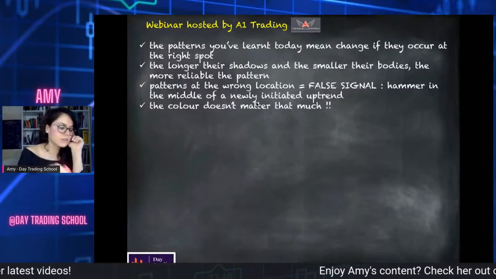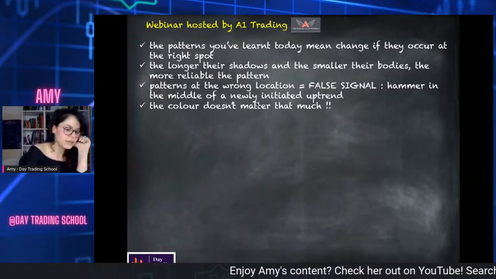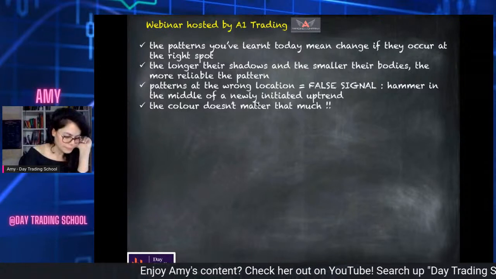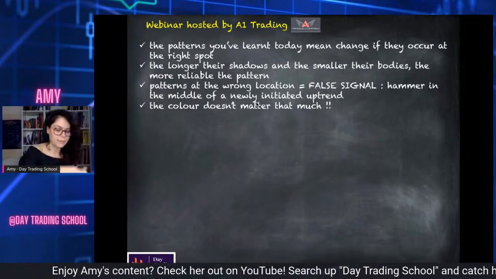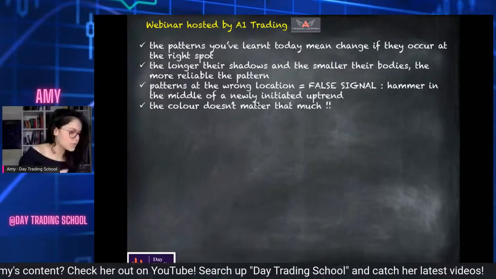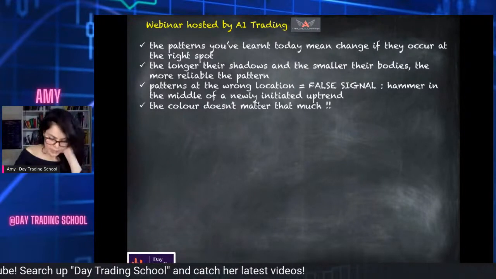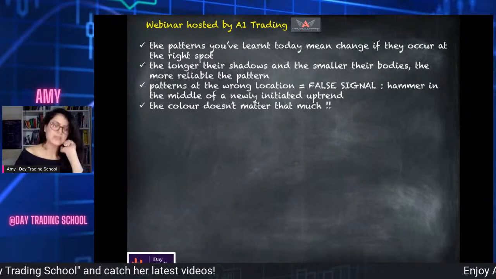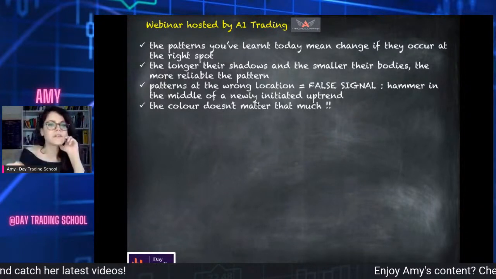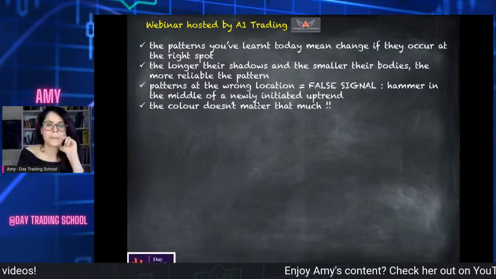And the color in those cases today, as I said, we had the hammer. What else did we have? We had the doji, spinning top, the inverted hammer, the shooting star, etc. With those, the color doesn't necessarily matter.